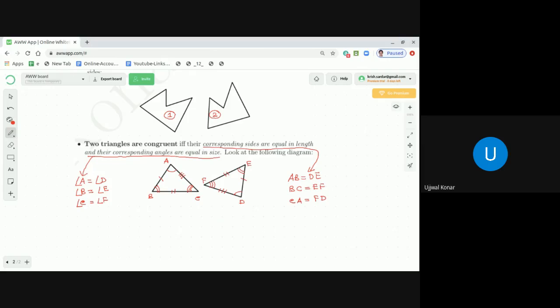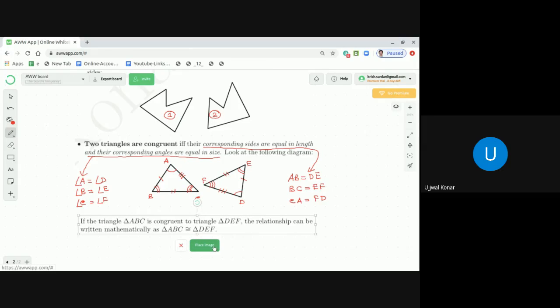Now we can say these two triangles ABC and DEF are congruent to each other. Now how are we going to write them when they are congruent? That is very, very important. The sequence is also very important.